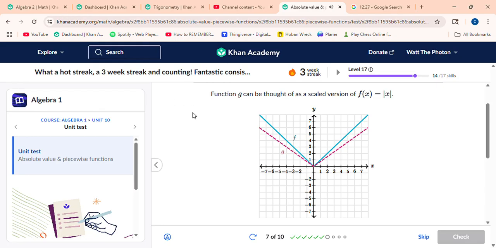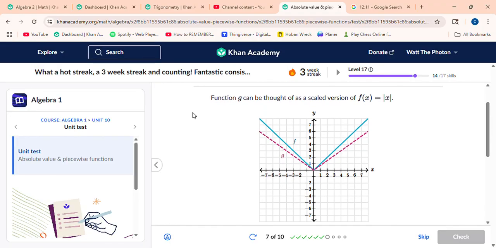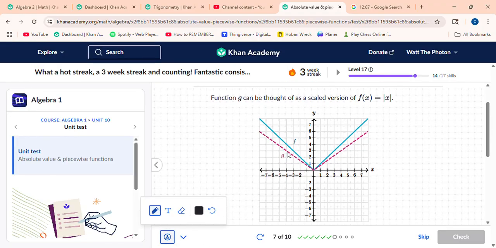Let's see. Function g can be thought of as a scaled version of f of x. Cool. So, what's the equation for g of x? Let's see. We have 4.